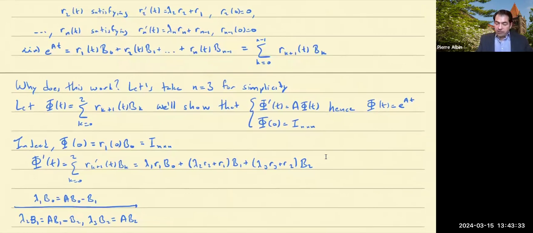So that means I can rewrite this as R1 times (A B0 minus B1) plus R2 times (A B1 minus B2) plus R1 B1 plus R3 A B2 plus R2 B2.